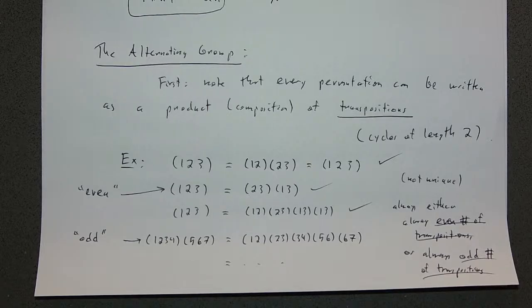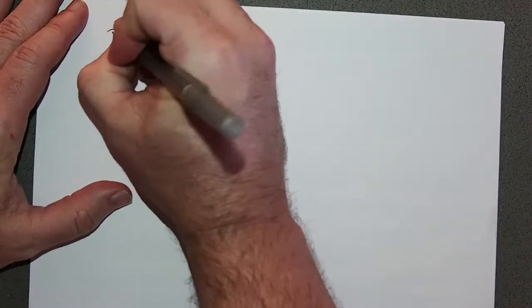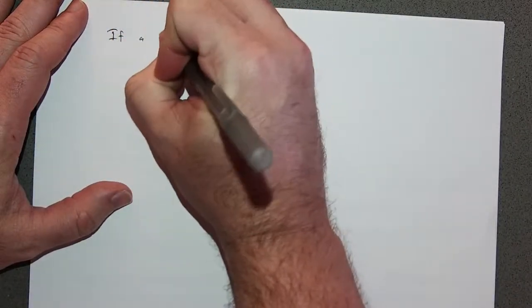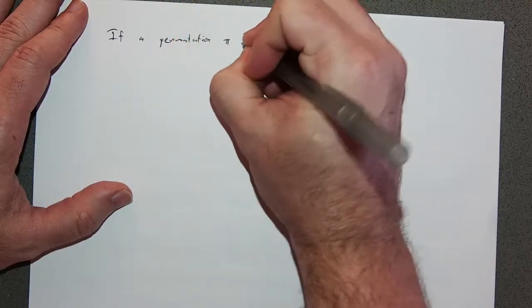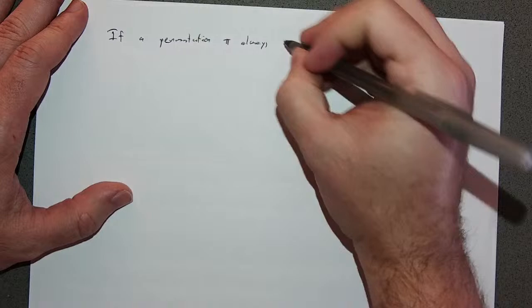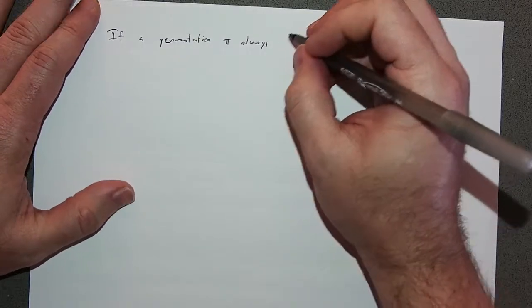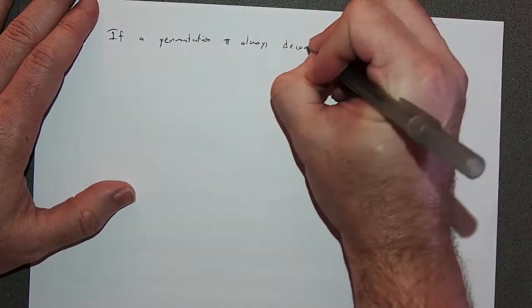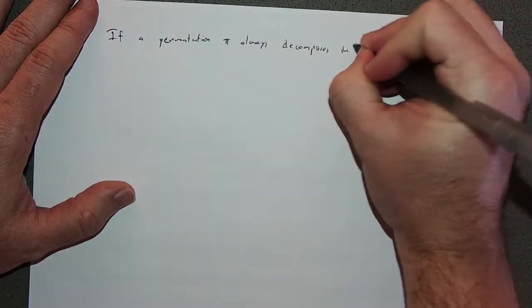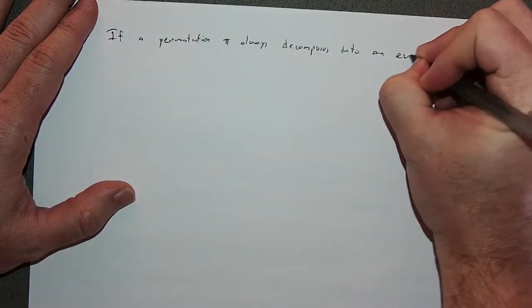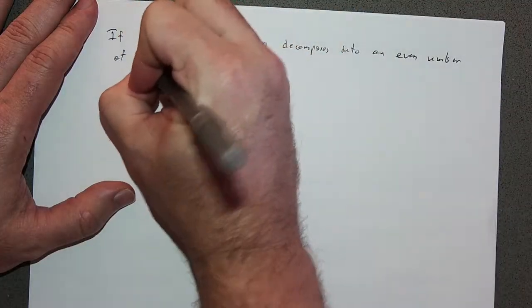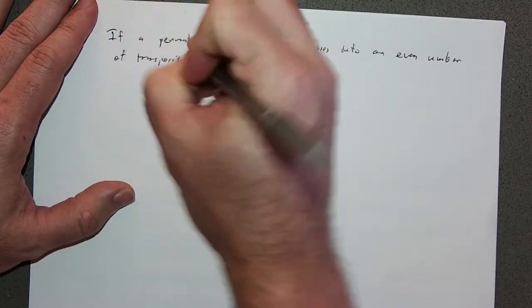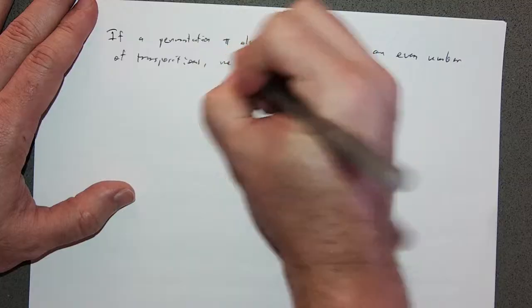Okay. So maybe I'll write that out. If a permutation pi always decomposes into an even number of transpositions, we say it is even.